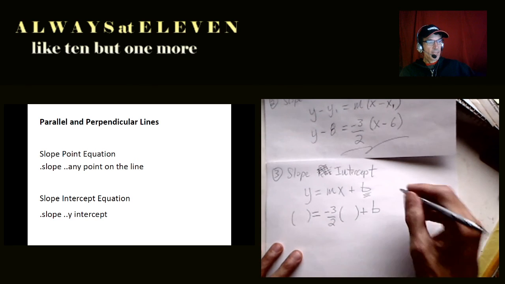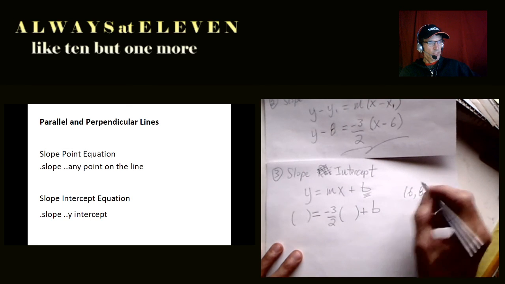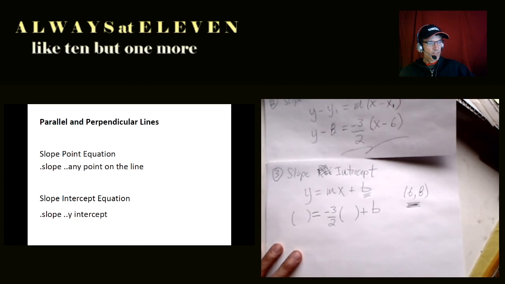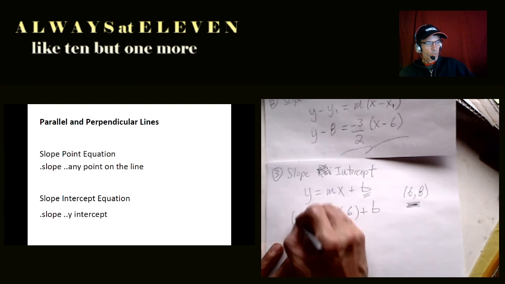Well, it actually does come from that same point that we were given, which is just off on the other page here. The point we were given in the question was (6, 8). So we can substitute that in here: the x value is 6, the y value is 8.